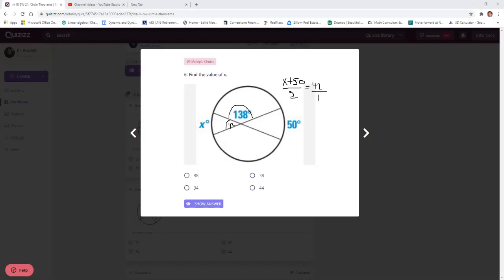And now I'm just going to cross multiply. I'm going to multiply 2 times 42, which gives me 84. And that's going to equal 1 times x plus 50, which is x plus 50. Now to get x by itself, I would just subtract 50 from both sides. And 84 minus 50 is going to be 34. So that would be our answer for this problem.